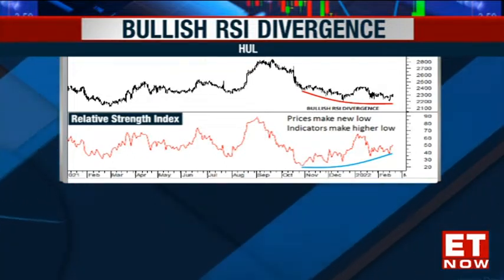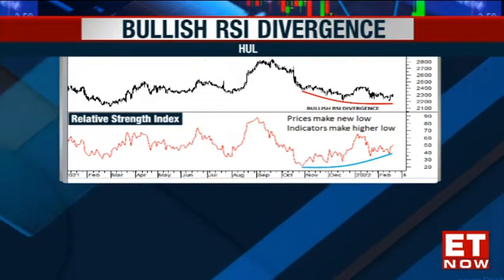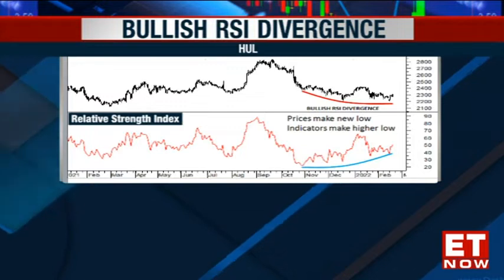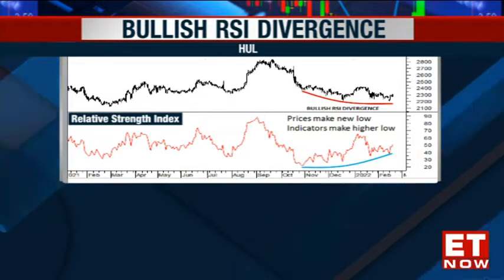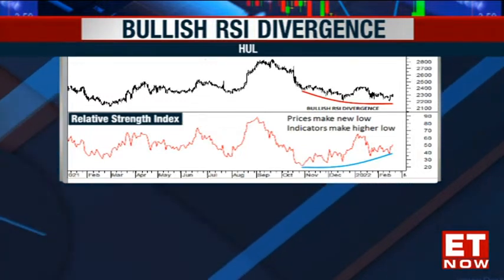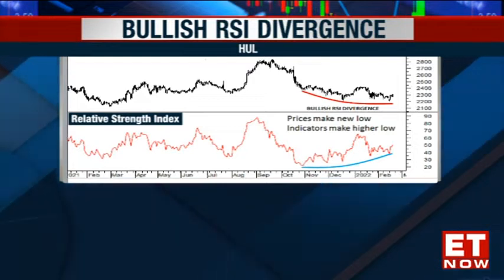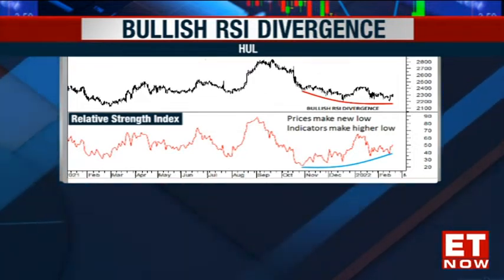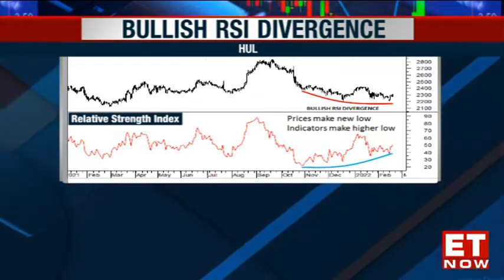Whenever the prices hit a new low, by a degree of at least 5 to 7% compared to the previous lows, if the RSI, the relative strength index, makes a higher low on that same relative reference points for itself, we call this a bullish RSI divergence.